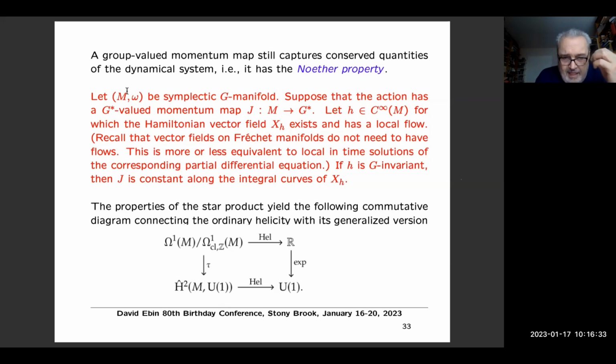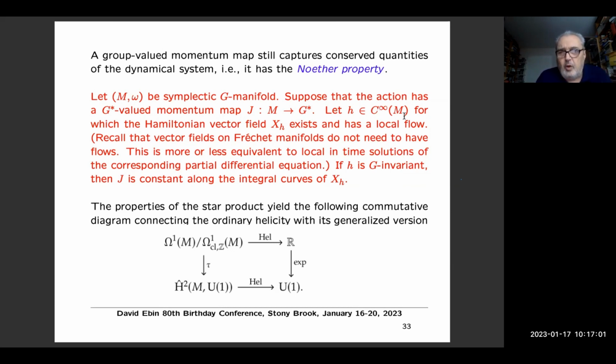it has the right to be called a momentum map only if it has the Noether property. What is the Noether property? The first line in my talk. G invariant Hamiltonian symmetries give conservation laws. Is it true? Yes. If (M, ω) is a symplectic G-manifold, suppose that the action has a G star valued momentum map, finite or infinite dimension, I don't care.